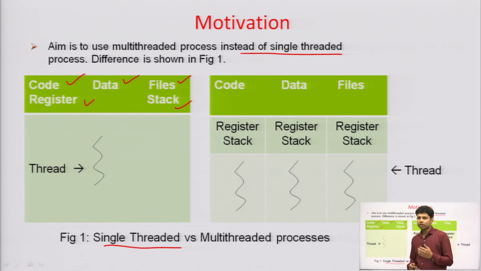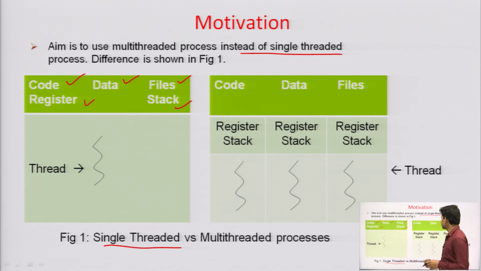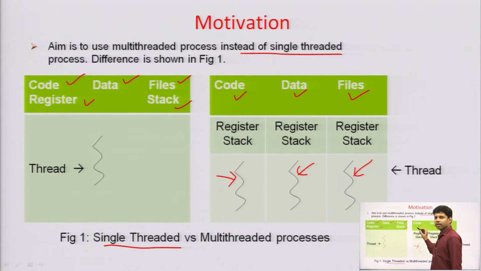But in the multi-threaded architecture, code, data and files are shared among all three threads. This is your thread 1, thread 2, thread 3. Among these three threads, what is shared? Code, data and files. Each thread has its own set of registers and stack.